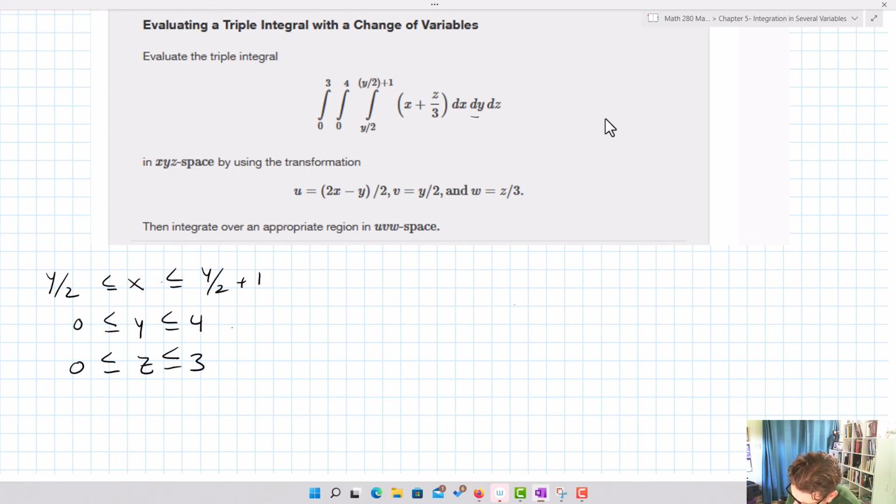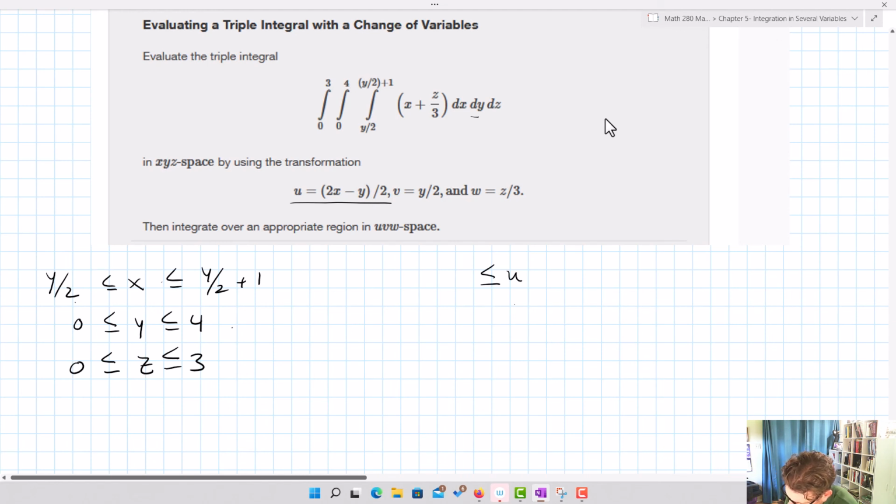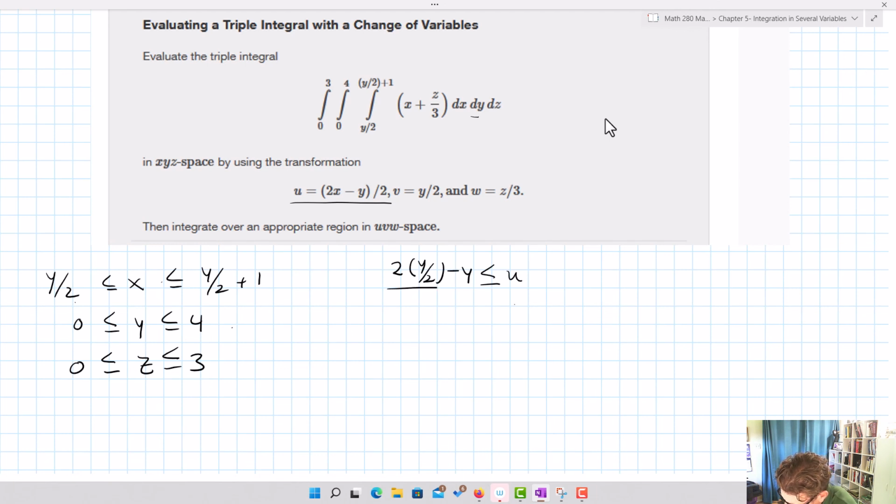So we're first going to find the bounds for u. Now notice that u is equal to 2x minus y. So what I'm going to do is substitute in these bounds for x. The bottom end of u will be greater than or equal to 2 times y over 2 minus y, divided by 2. Notice all I did was plug in the value for x.